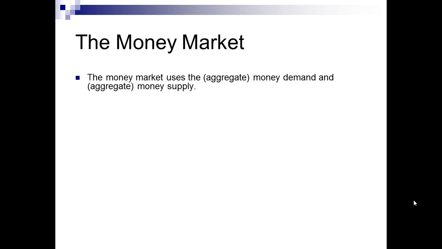Now let's add the second half of the market to this graph. So the money market uses both aggregate money demand and aggregate money supply. The condition for equilibrium in the money market is when money supply is equal to money demand.